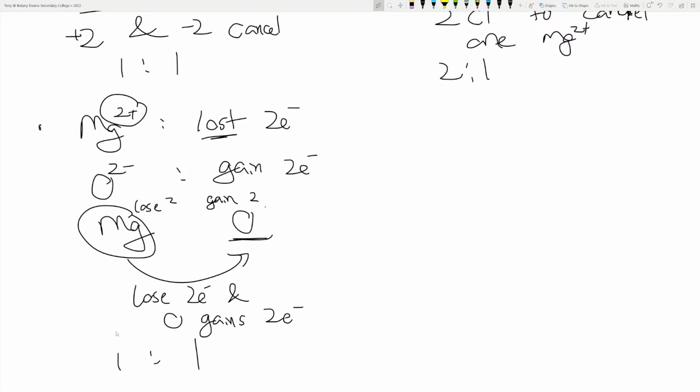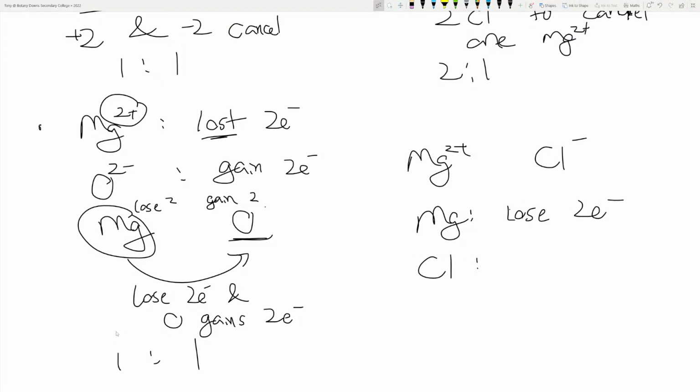But in comparison, with Mg2+ and Cl-, my Mg wants to lose 2 electrons, but my chlorine can only gain 1 electron each to form a -1 charge.